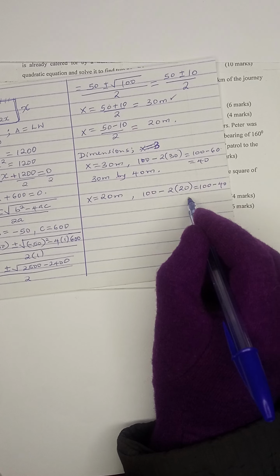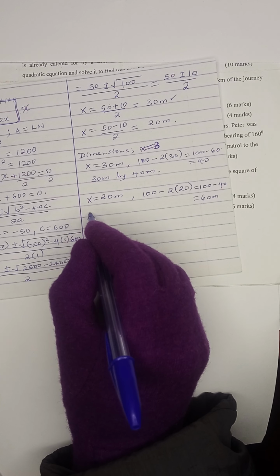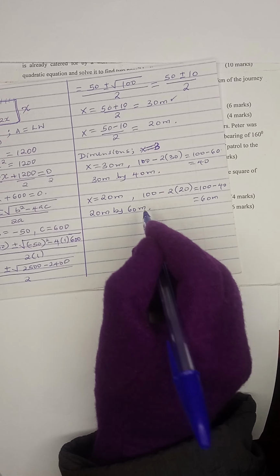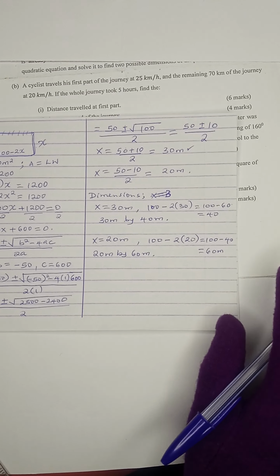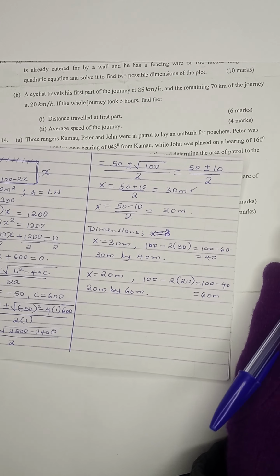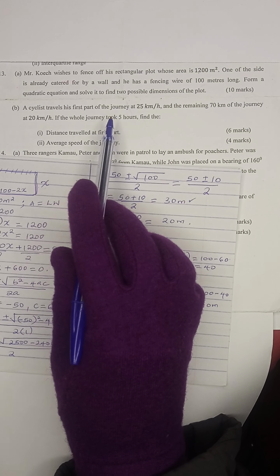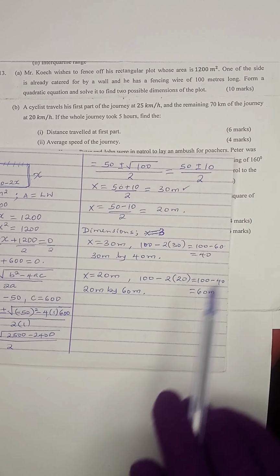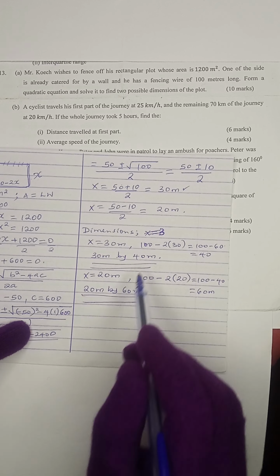So our dimensions will be 20 meters by 60 meters. Then we will say we are done, because the question did ask us to form the quadratic equation and solve it to find two possible dimensions. So these are the two possible dimensions, 20 by 60 and 30 by 40.